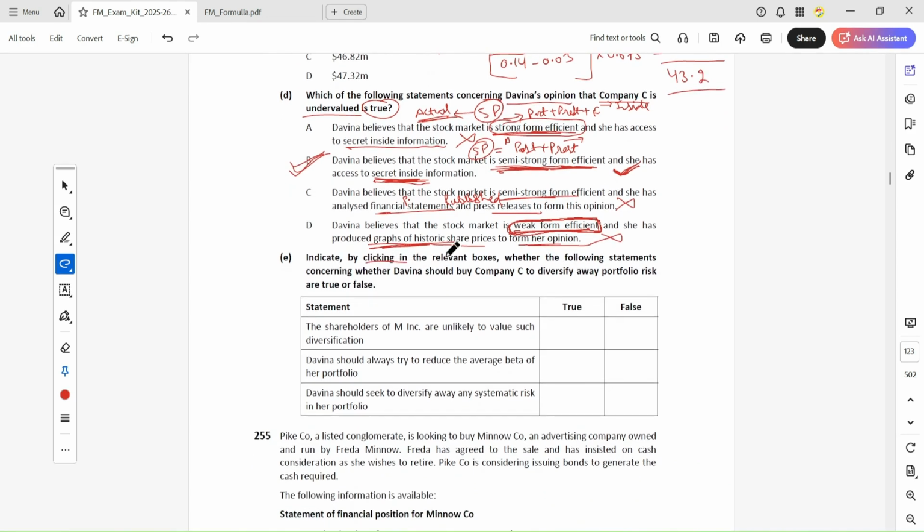Indicate by clicking in the relevant boxes whether the following statements are true, concerning whether Davina should buy company C to diversify away portfolio risk. Okay, so the shareholders of MINC are unlikely to value such diversification. Yes, because the shareholders already diversify.